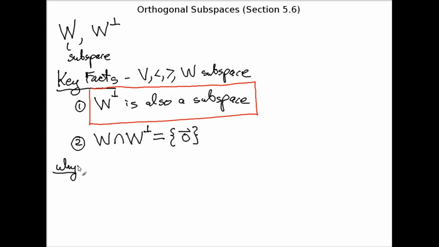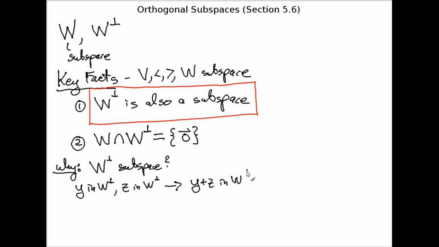So what does it mean for W perp to be a subspace? Well, if y is in W perp and z is in W perp, I need to know that y plus z is in W perp. That's the question. Well, let's check. What is ⟨y + z, w⟩? That's, of course, ⟨y, w⟩ plus ⟨z, w⟩.